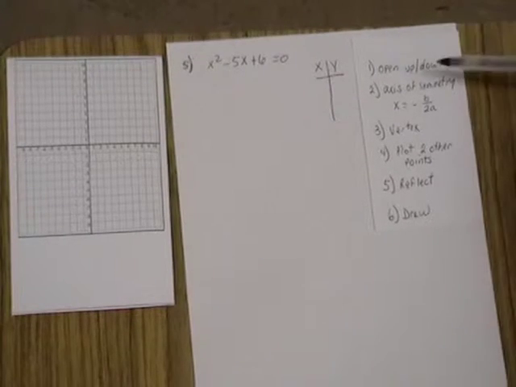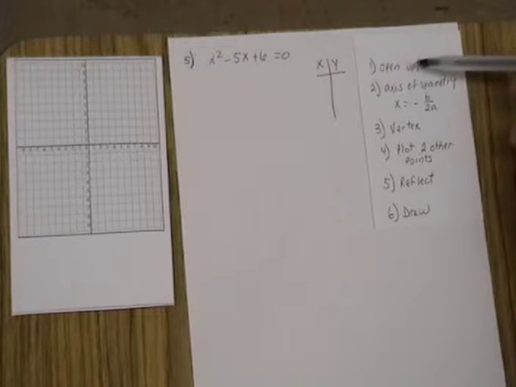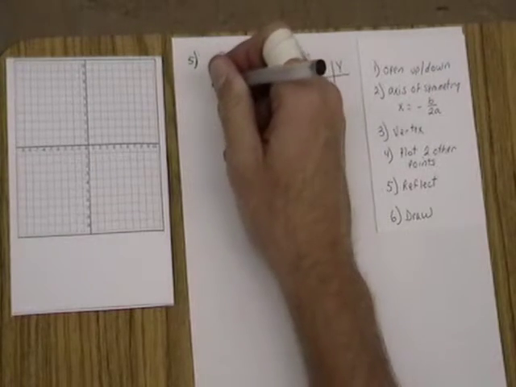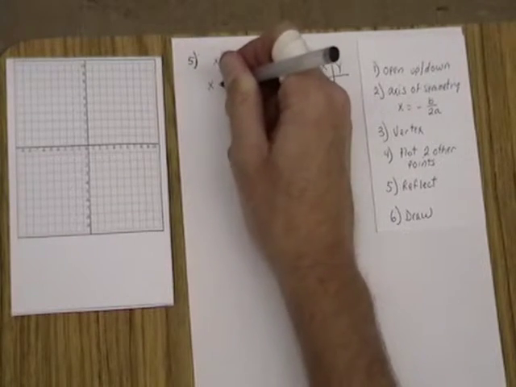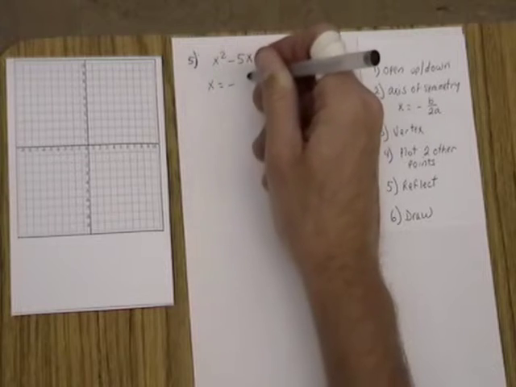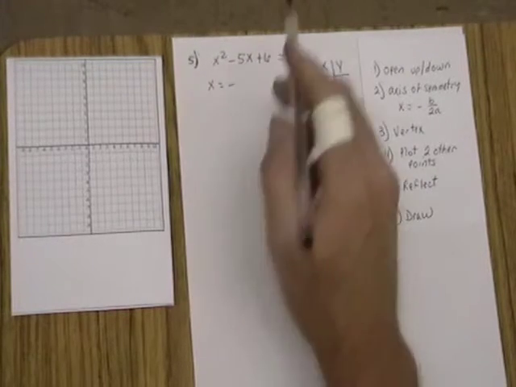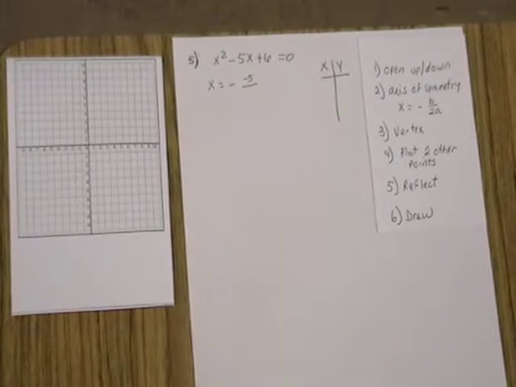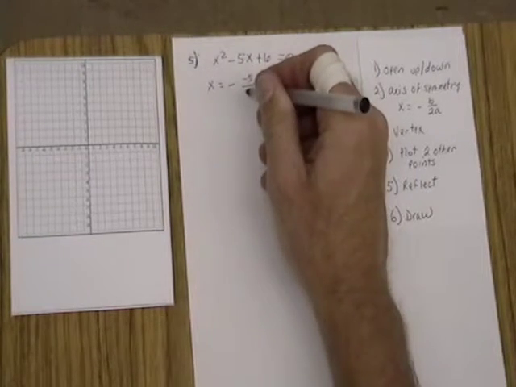First of all, we know that this opens up because the leading coefficient is positive. The axis of symmetry is x equals negative b, and b is negative 5, over 2a, so it's 2 times 1.